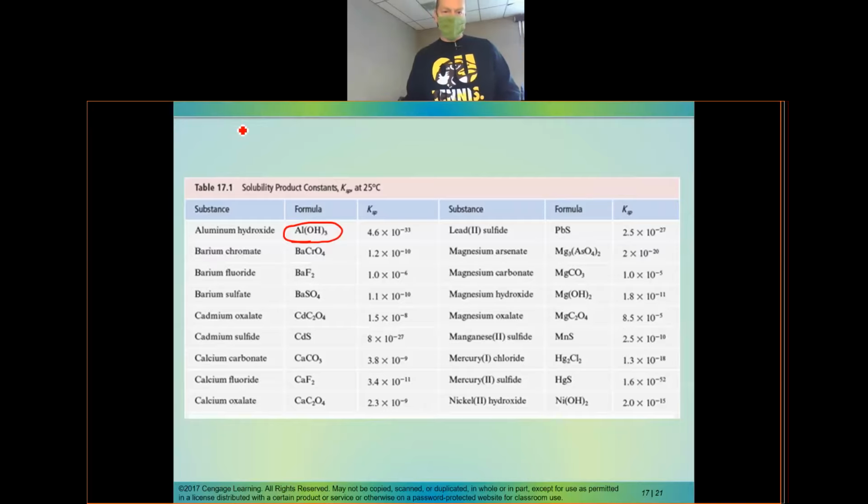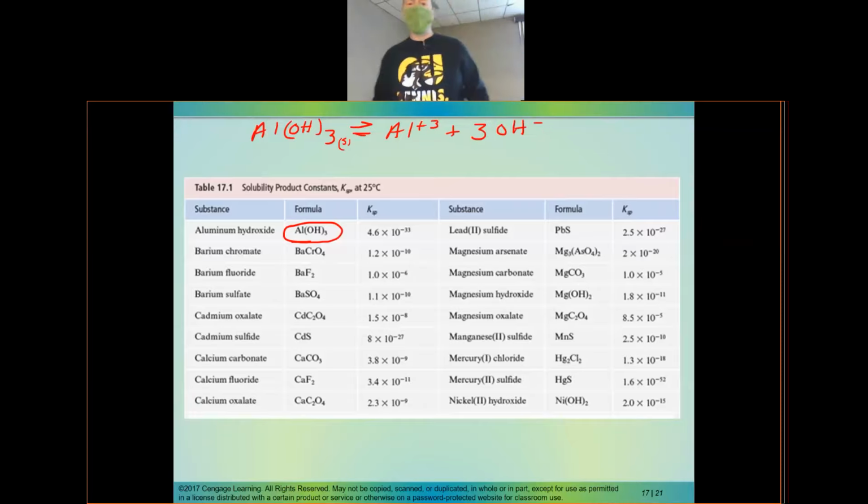All right, so I want to know the solubility of aluminum hydroxide. I write the reaction: Al(OH)3 solid in equilibrium with Al plus 3 and 3 OH minus.